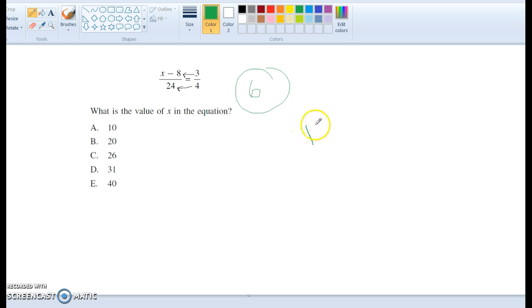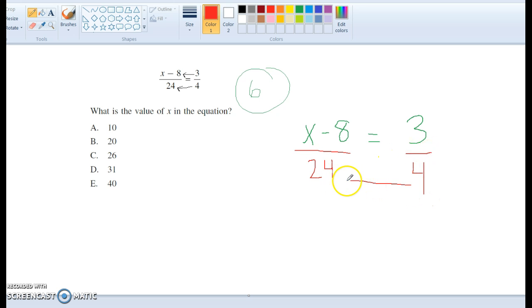So the part that we're trying to figure out is the x minus 8 part, all right? It's going to be equal to 3, but x minus 8 isn't going to be equal to 3 in the way that you would normally think of it, because this is all part of a fraction that is being reduced.